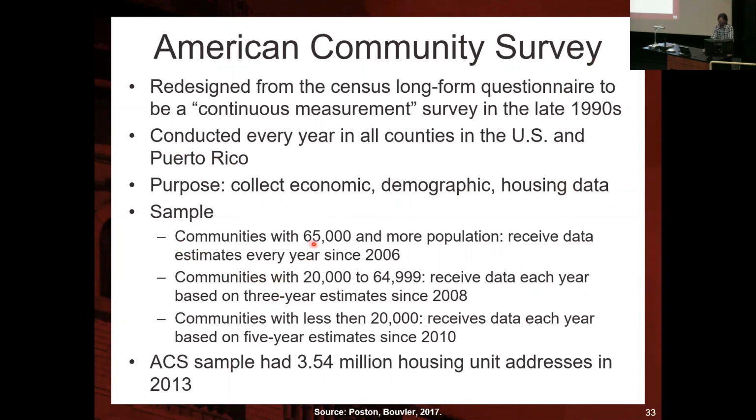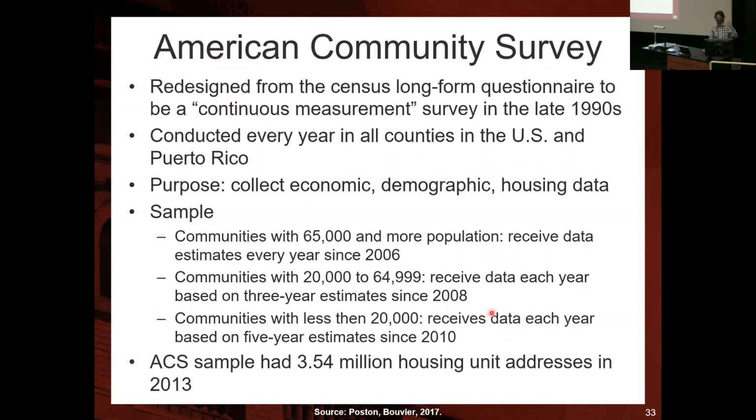The sample communities with 65,000 and more population receive data estimates every year since 2006. Smaller communities, since it's harder, we have a smaller sample size, smaller interviews being conducted in those places, receive data each year based on 3-year estimates since 2008. 3-year estimates means that you collect data and you get the average of 3 years.